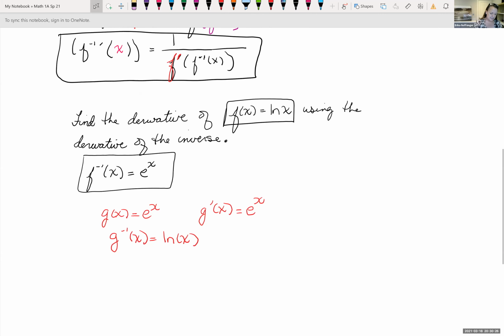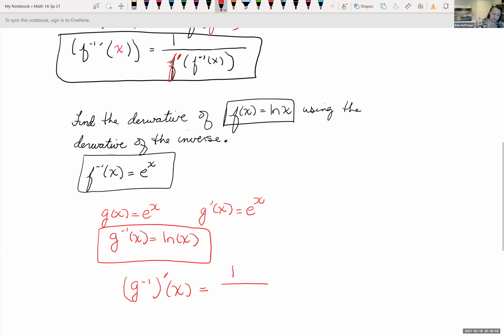So if we want to take the derivative of our inverse function, the derivative of this inverse function is equal to 1 over the derivative of our original function, which we called g of x.